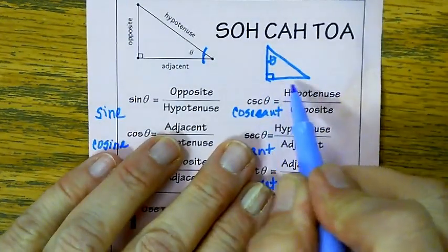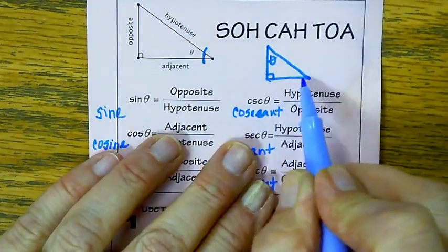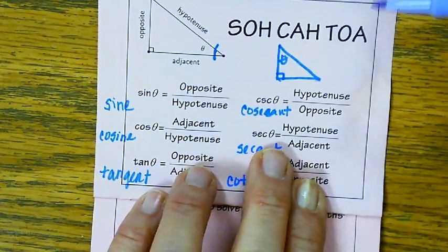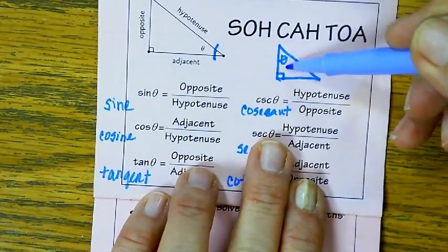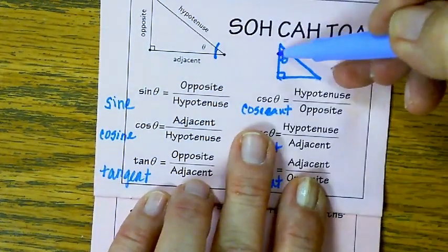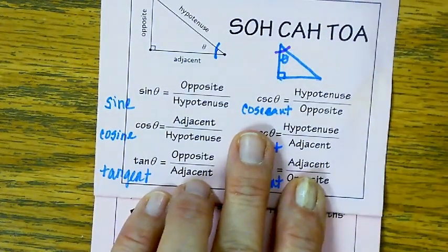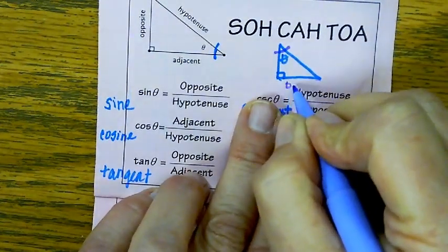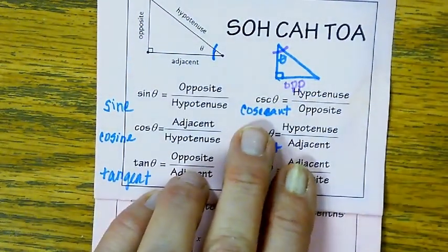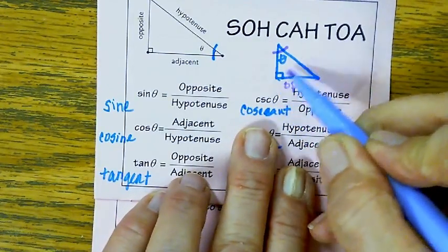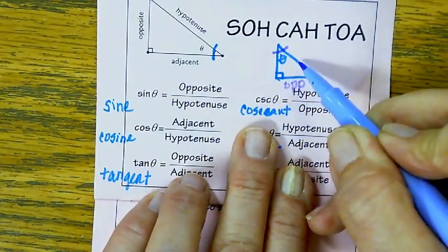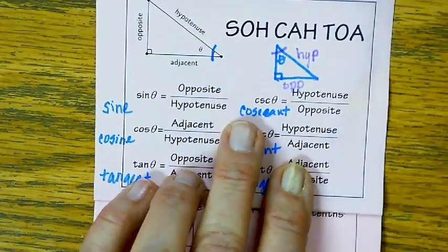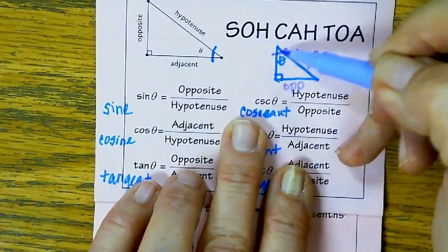So this side here, what would you say? Opposite, adjacent, or hypotenuse? If this is the angle we're looking at, then this side is across the triangle from it, so this is opposite. The hypotenuse is always the one across from the right angle. And then the adjacent one is the one that the angle is a part of.